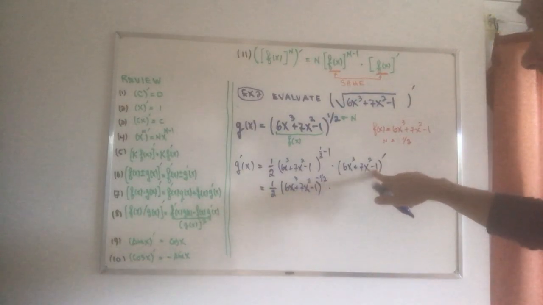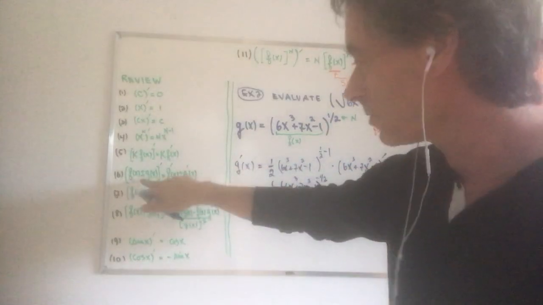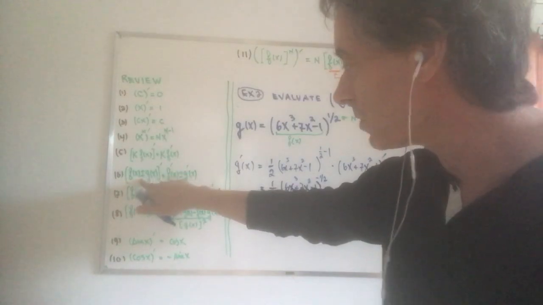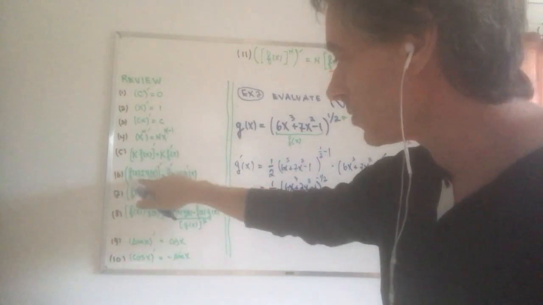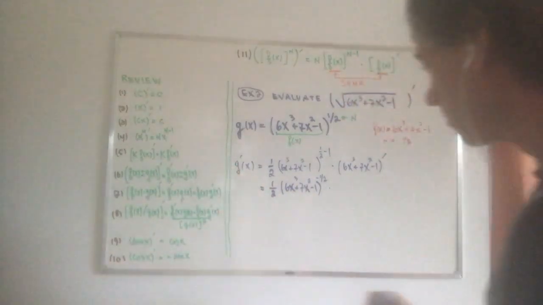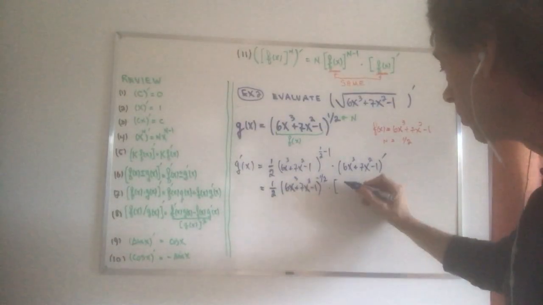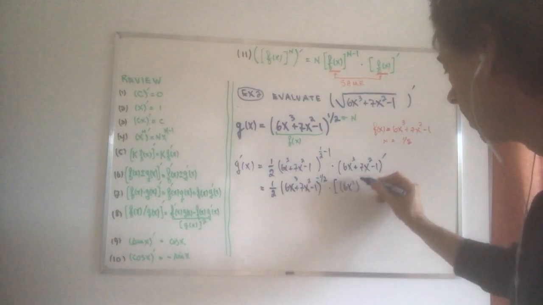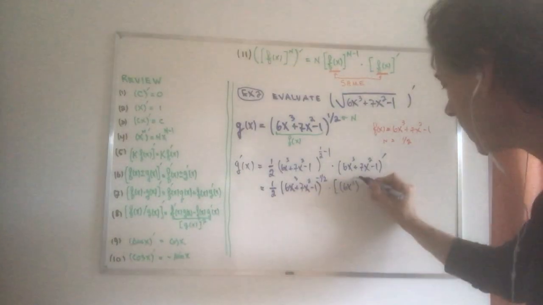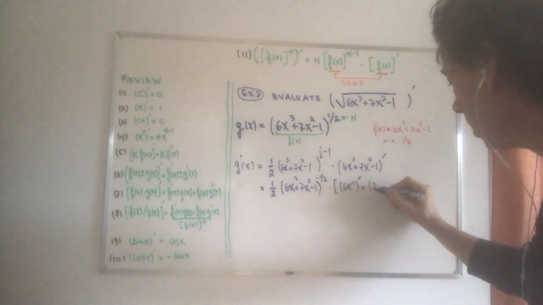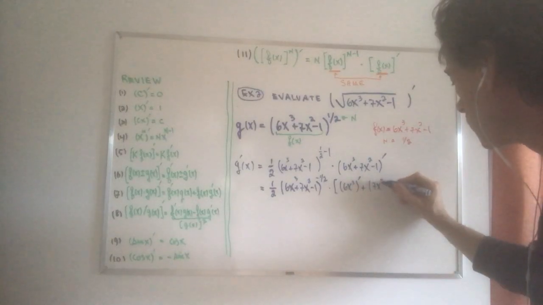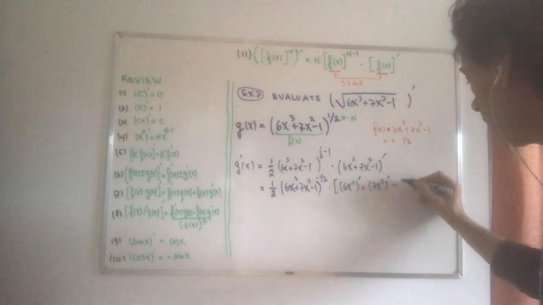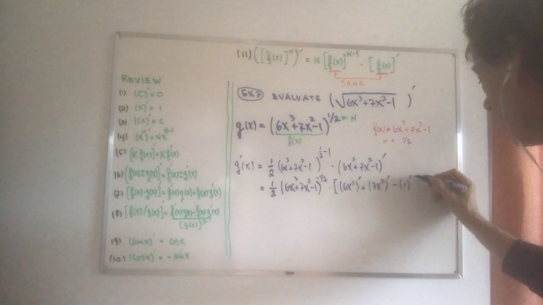There's a plus and a minus between functions. Rule 6: the derivative of a sum is the sum of the derivatives. So I'm going to apply the prime to each one: the prime to 6x^3, then the prime for the 7x^2, and then the prime to 1.